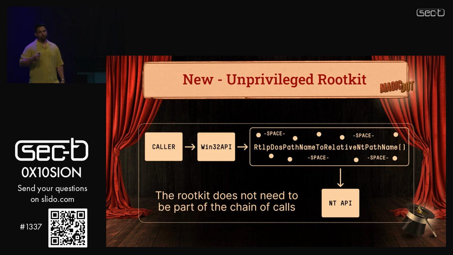So what I realized was that there could be a way to hide malicious artifacts without being a part of the chain of calls like any rootkit does, and without needing any special permissions. That is because this known issue already lies in the chain of calls that retrieve information.